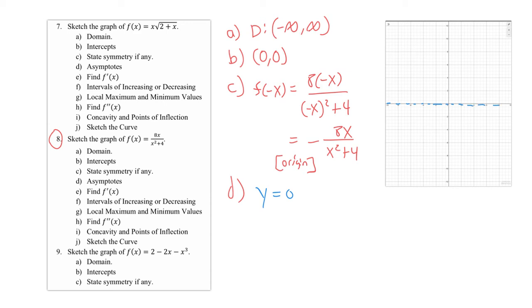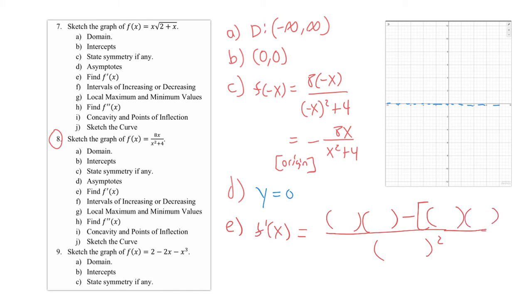Okay, with regards to E, find the derivative. Well, I would say the quotient rule would be a good idea once again. So we're going to have f prime of x. That's going to equal something squared for sure. And there's going to be something times something minus all this stuff. So what belongs down below?